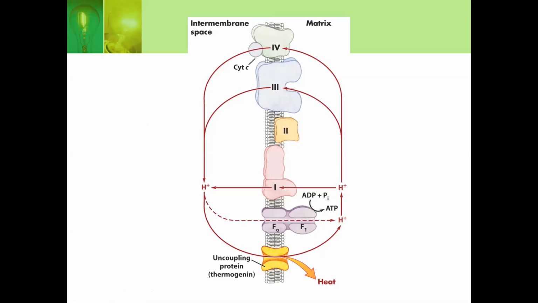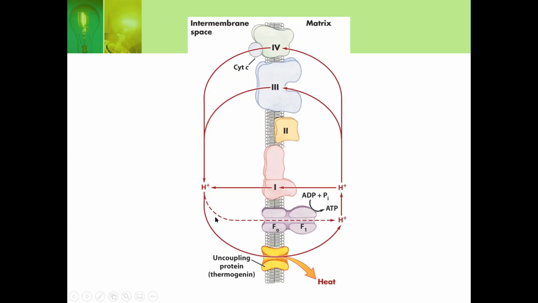And so the thyroid gland makes thyroid hormone. Thyroid hormone activates transcription. One of the targets of thyroid hormone is this protein, UCP, the uncoupling protein.